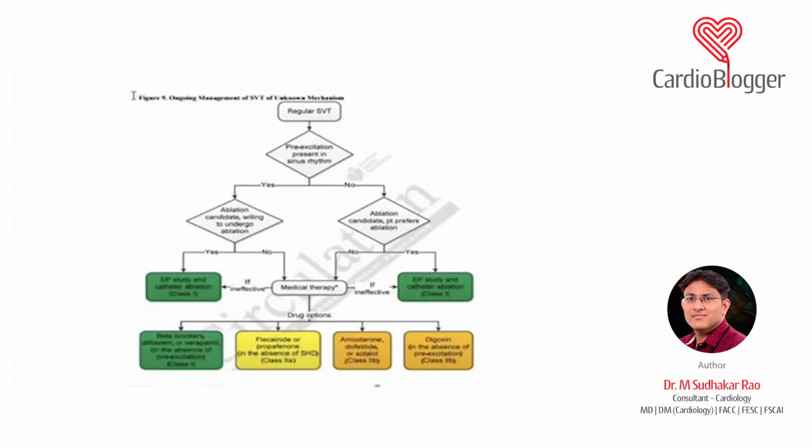However, if the patient is still not willing and there is no structural heart disease, then you should try flecainide or propafenone. Most of the time we do not give flecainide for SVT, but it can be tried. Still, if the patient does not respond, we can try amiodarone, dronedarone or sotalol, though they are not highly effective for patients with SVT. And the last choice of drug will be digoxin, but you should never give it in the presence of pre-excitation.